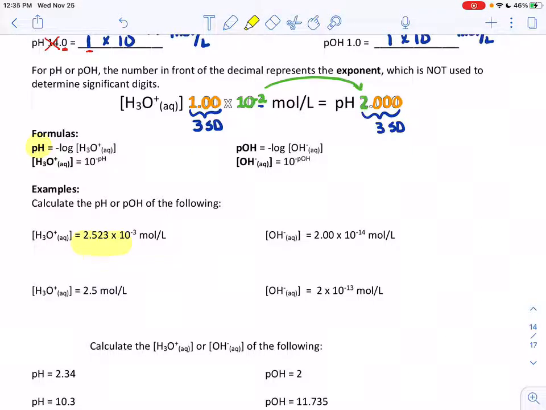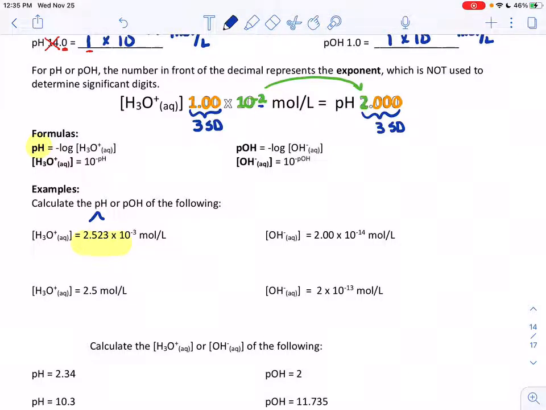2.523, and then you're going to put in the exponent. Most of you use the little, what I call the hat, to do your times 10 to the minus 3. But there's actually an exponent button that reduces your chance of error. And that one is actually found above the 7.